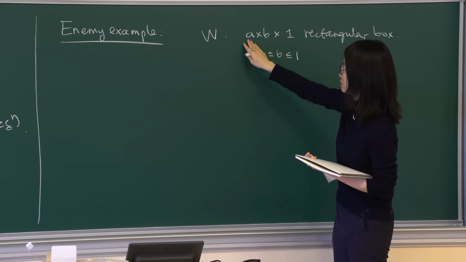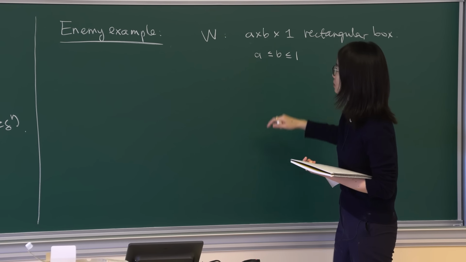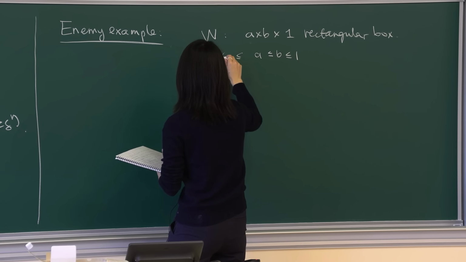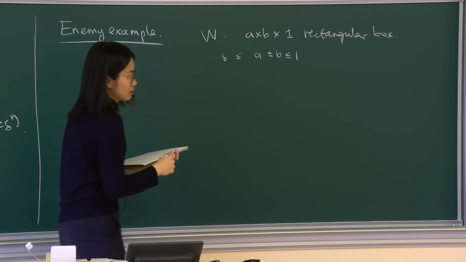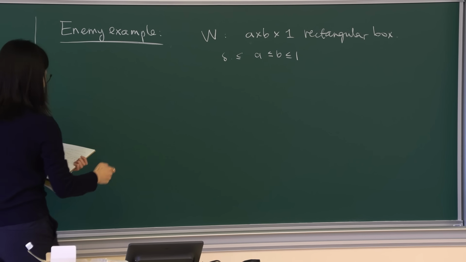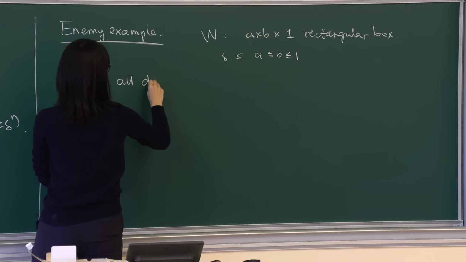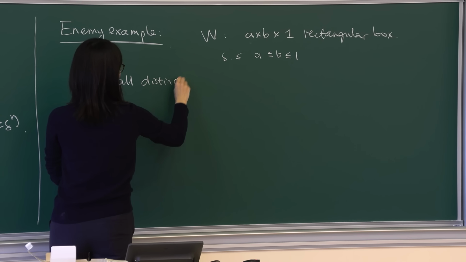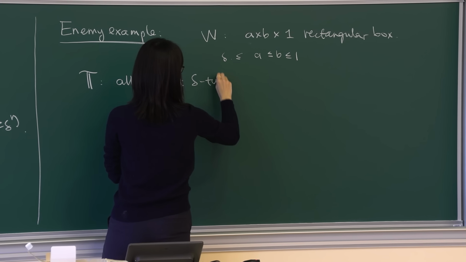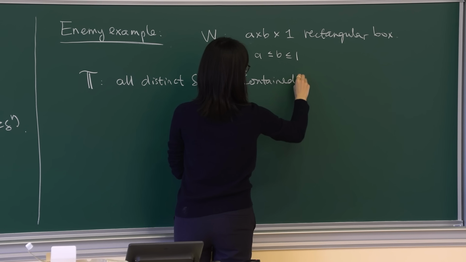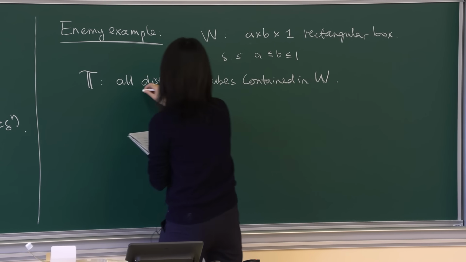So we always write the smallest scale in the front, and assume that we also have A greater or equal than delta, so that W contains at least one delta tube. And we take T to be all distinct delta tubes contained in W.